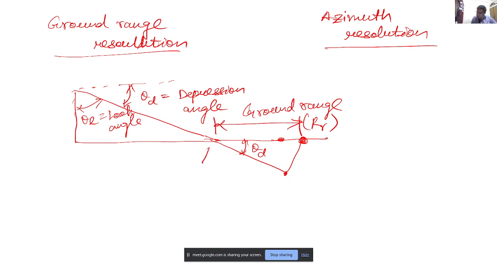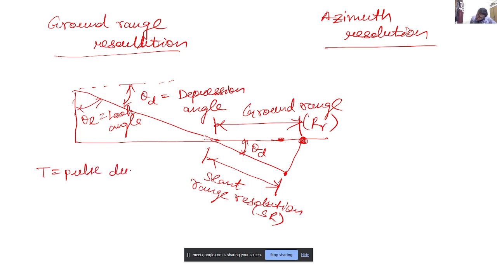And this part is something known as the slant range resolution, SR. Let's suppose T is the pulse duration, then Rr, or the ground range, will be C times T by 2 cos theta D.